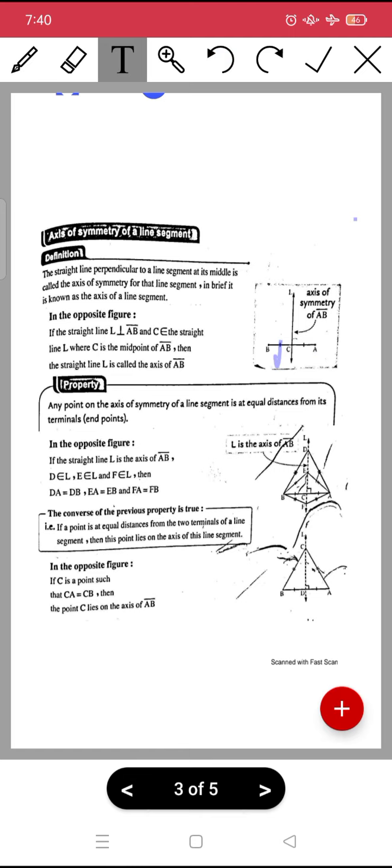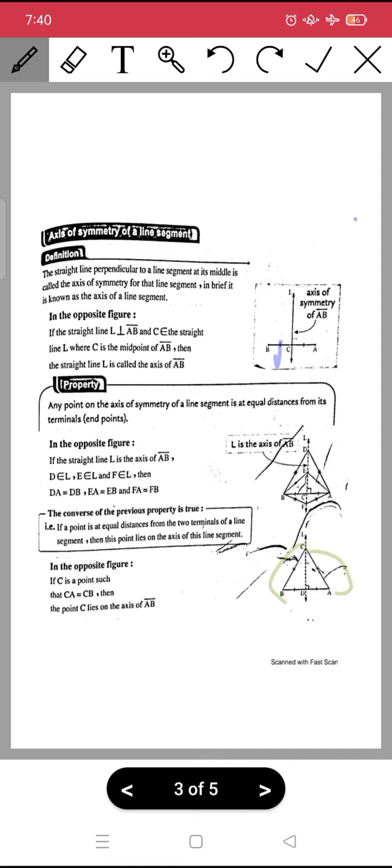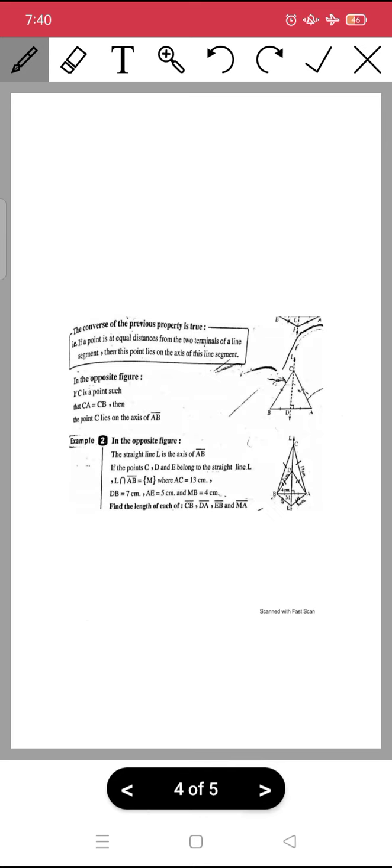For example, C lies on L. Since BC equals AC, therefore C lies on the axis of symmetry of AB. And since DA equals DB, D also lies on the axis of symmetry of AB. Is it clear?